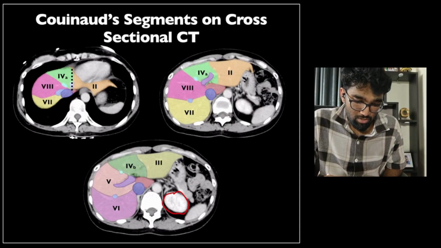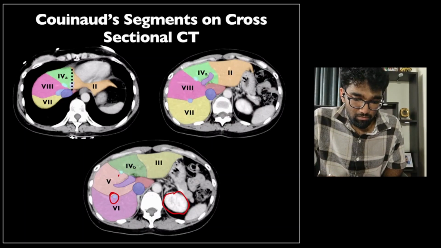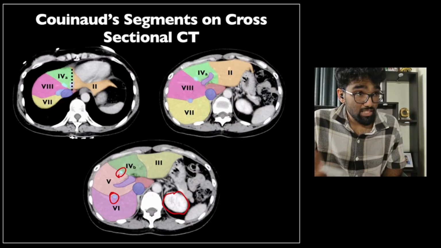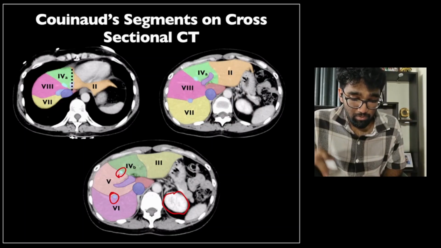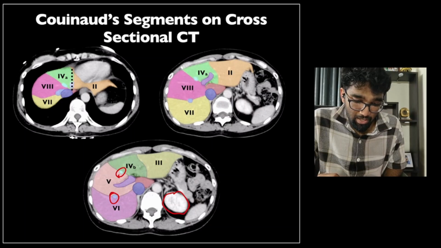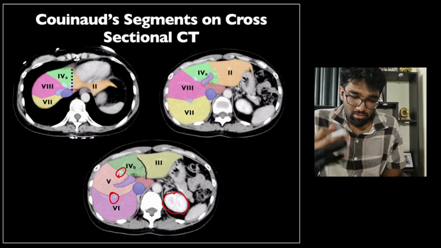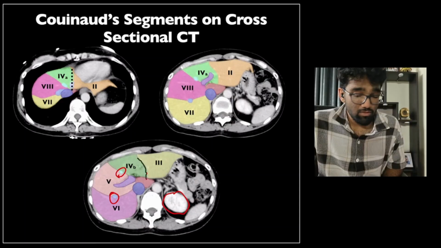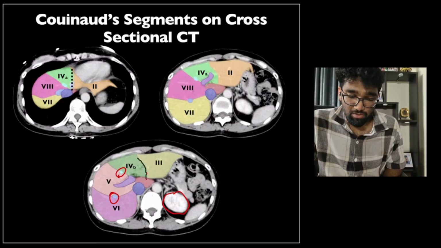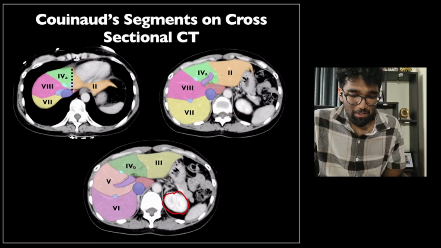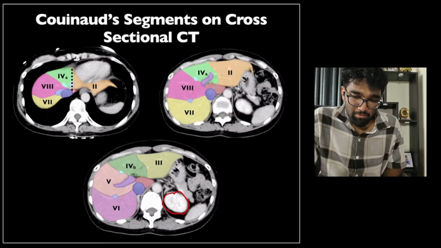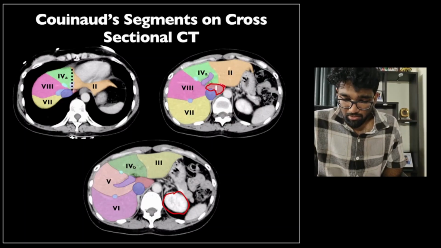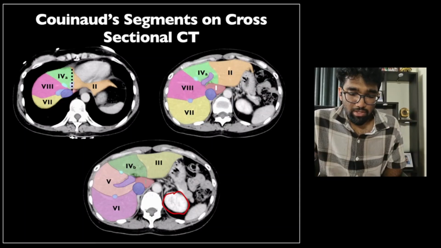Okay, and again you can see the right major hepatic vein and the middle hepatic vein, and again, as you can see, there is no left hepatic vein within the section that is passing in the plane of the falciform ligament. Okay, so this is segment 1, like I just said, or the caudate lobe. This is also segment 1.